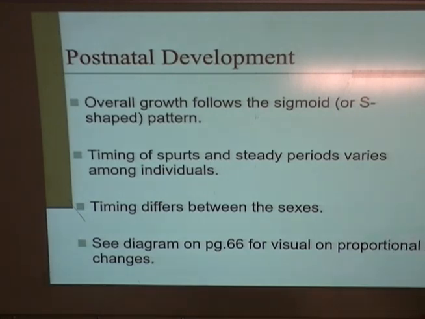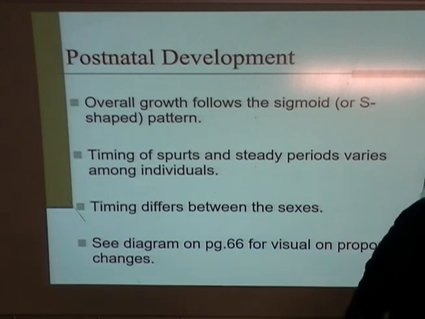It's 166. Okay. So if you go to page 166, figure 8.7 is a very good visual for you to understand how the proportions of the body change across time, across this growth time. All right?